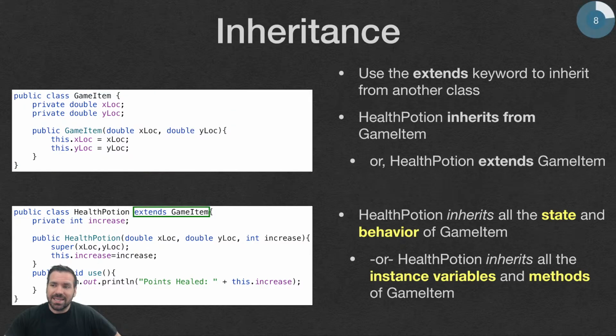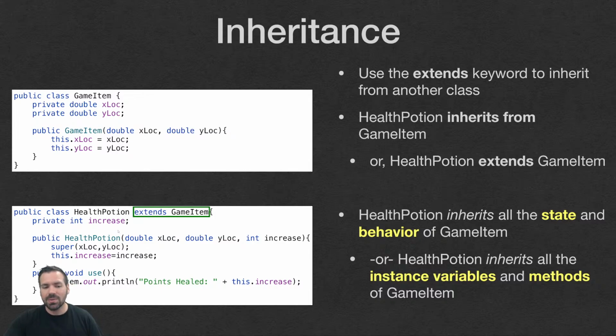And then I'm going to extend game item. So when I create my health potion class, I'm not putting all of the code in health potion like I did before. Instead, I'm going to create health potion and use this syntax of extends game item. That's our syntax to inherit from another class. If I say health potion extends game item, what I'm doing is saying give me all of the state and behavior of the game item class and put it in the health potion class.